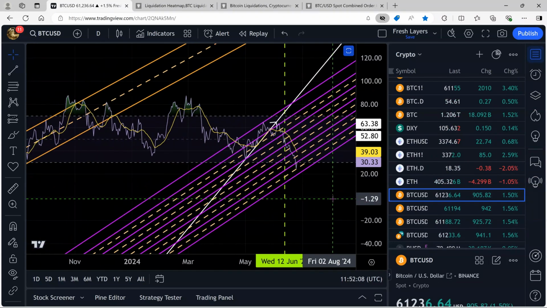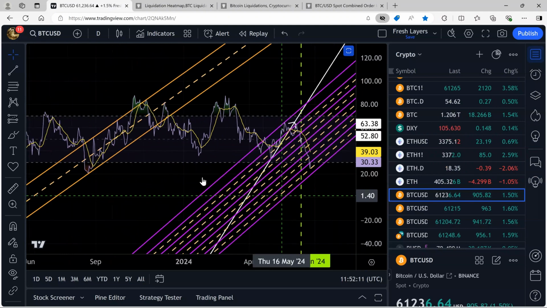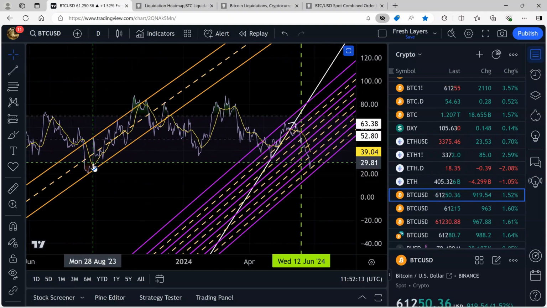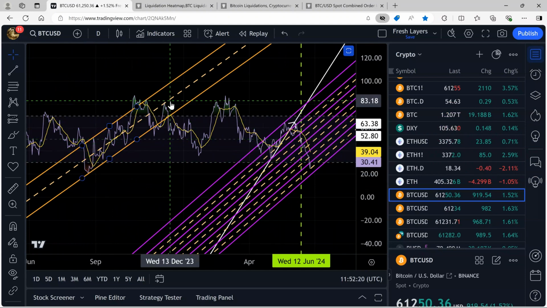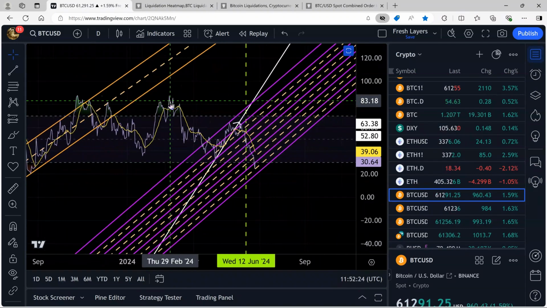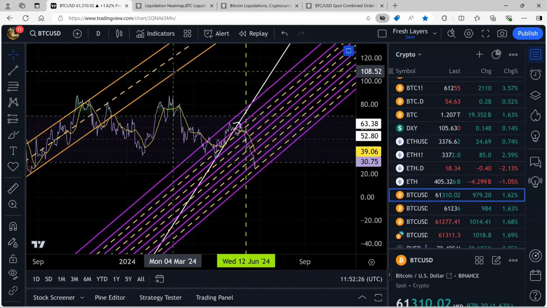And actually, we haven't been down there since that little collapse in August. And you can see what we did then. Let's clone that.